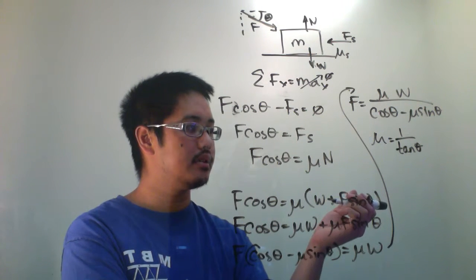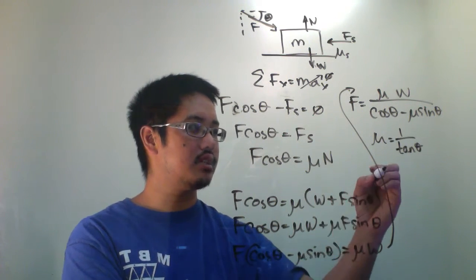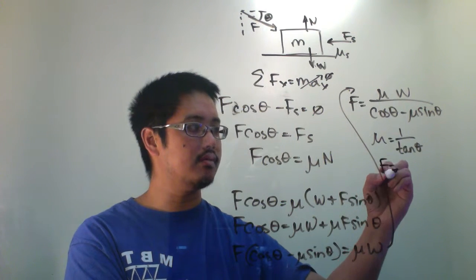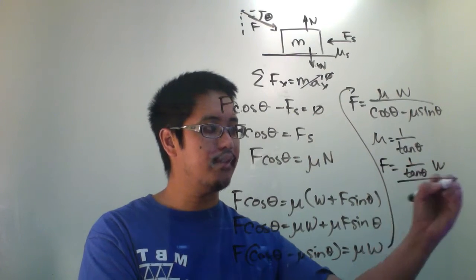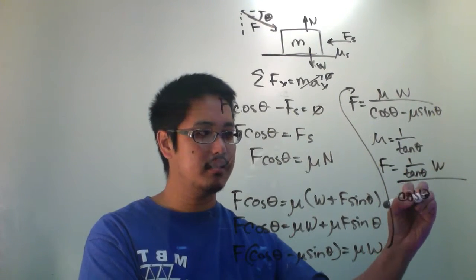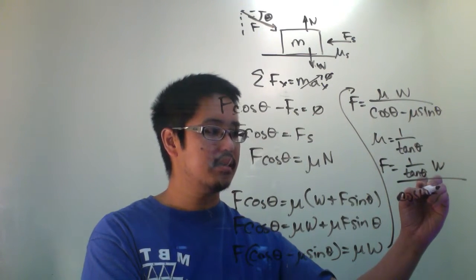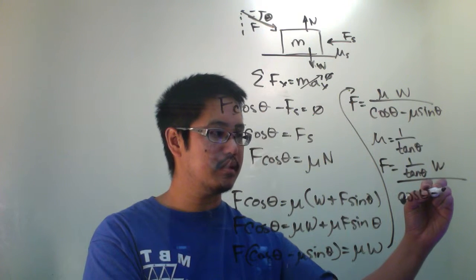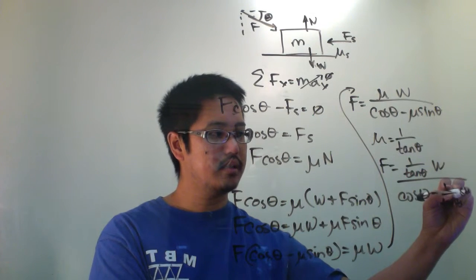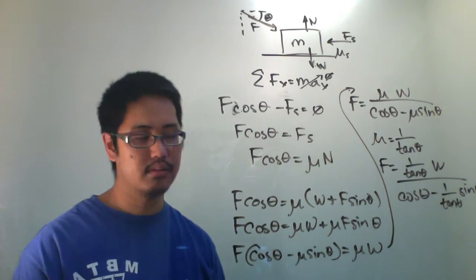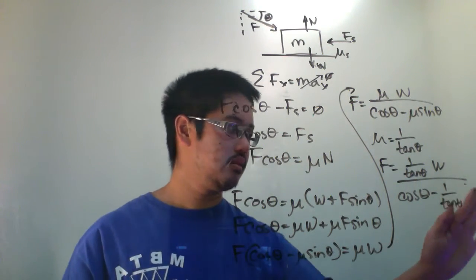Well, let's see. Mu equals 1 over tangent theta, then F is equal to 1 over tan theta times W divided by cosine theta minus 1 over tan theta times sine theta. We cool? Yeah.